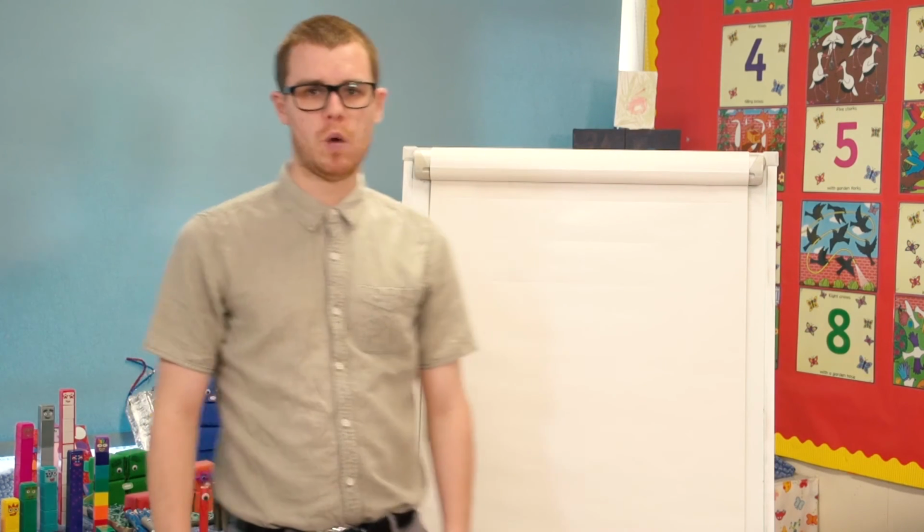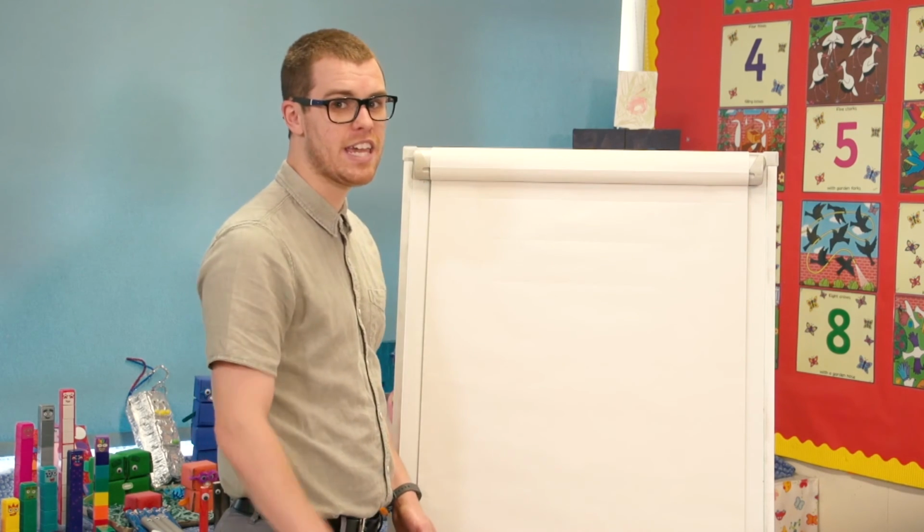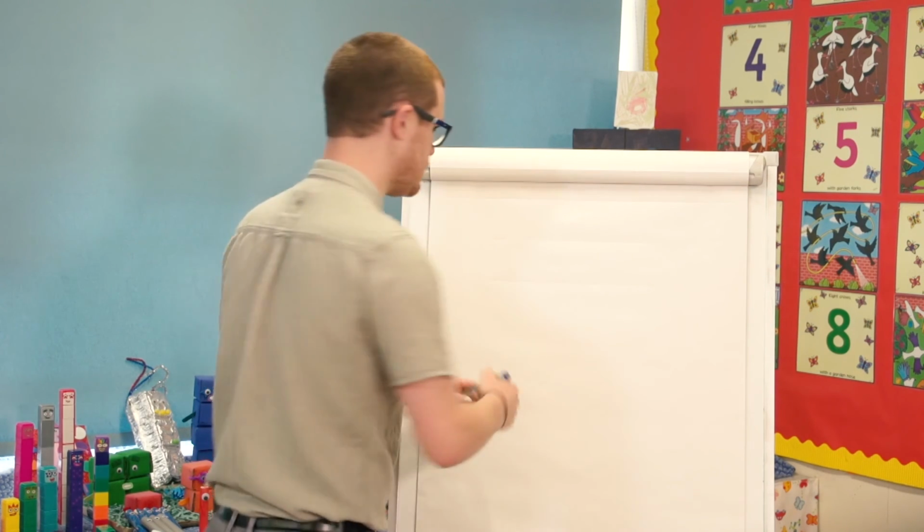Now let's spell the word noise. Segment the sounds with me. Noise. N-O-I-Z. Let's count how many sounds there are. Noise. N-O-I-Z. That's 3 sounds. Watch me write noise. Remember, I need 3 sounds.